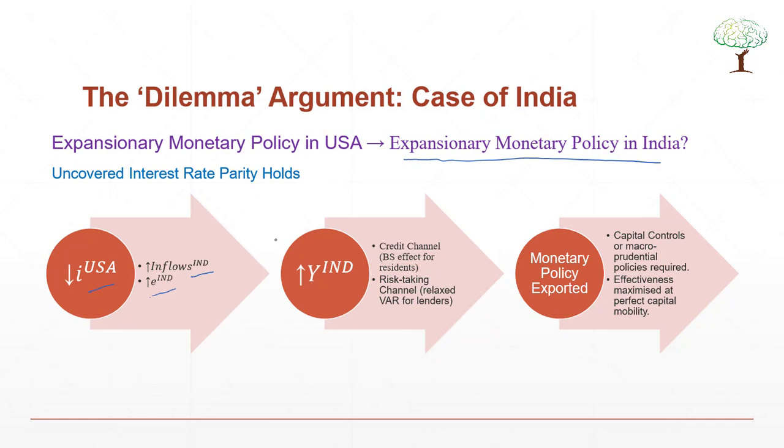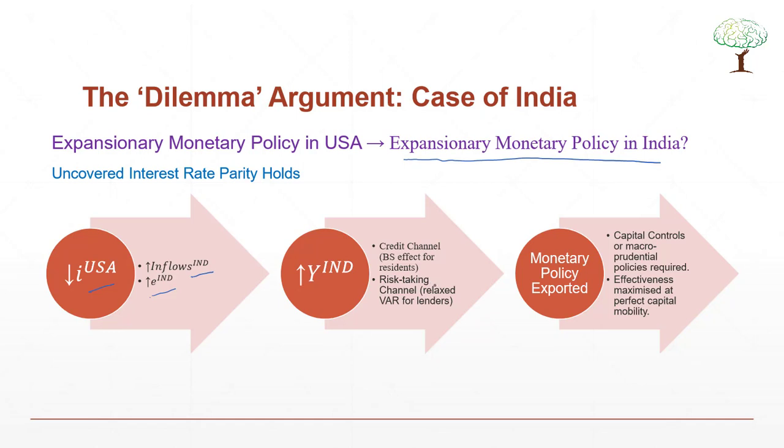So I suddenly have a profit of 1 billion rupees just because the rupee has appreciated due to the capital inflows. This is the balance sheet effect for residents who have a lot of foreign currency liabilities.